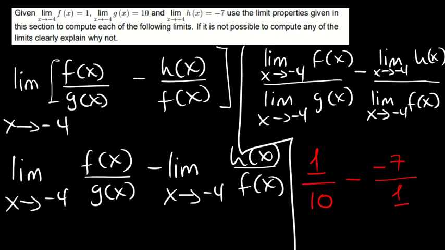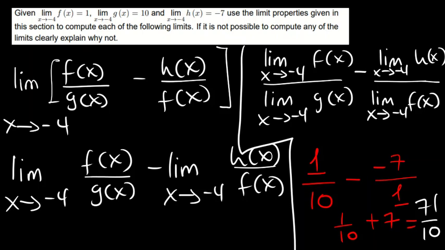At the end we are going to have 1 over 10 plus 7, which gives us a value of 71 over 10. So our answer will be 71 over 10.